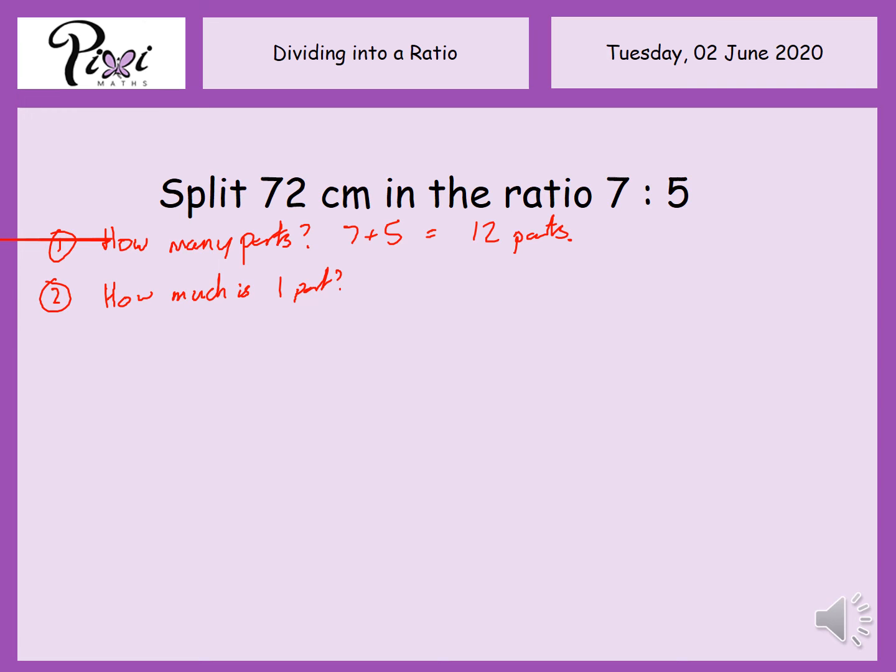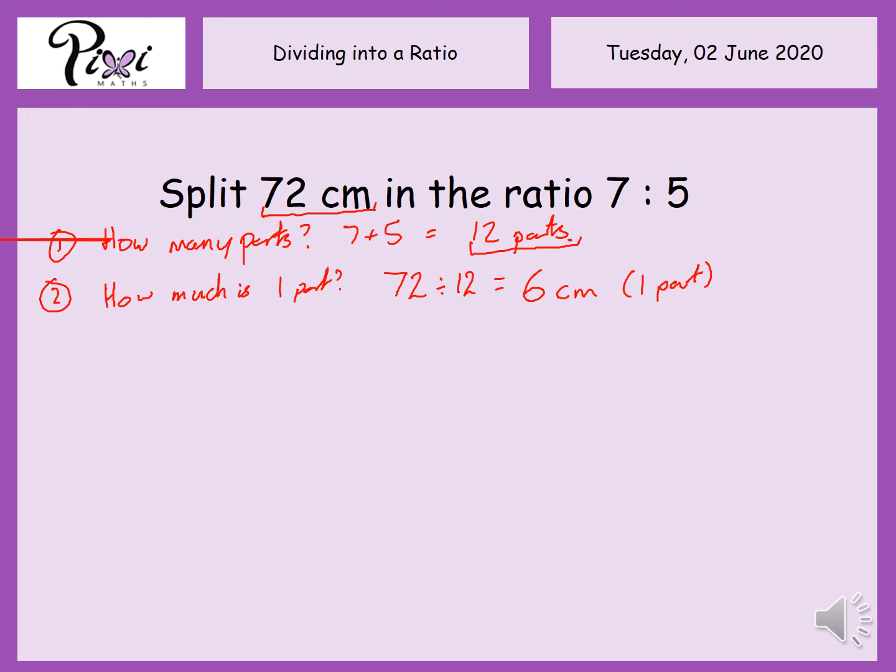So if we've got 12 parts and our total is 72 centimetres, to work out what 1 part is, we're going to do 72 divided by 12, which gives us 6. So 6 centimetres is 1 part, because 72 divided by 12 gives us 6.